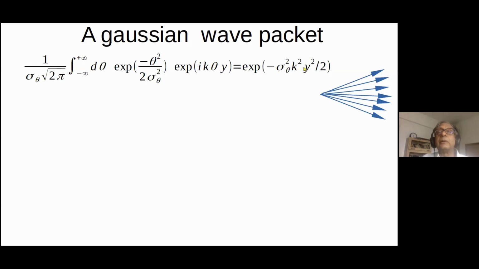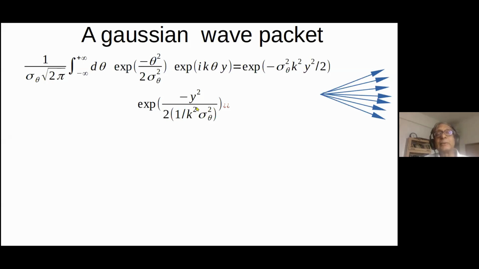So now we can ask, what is the spread in y? See, previously the spread in y was lambda divided by alpha, right? And because this is a Gaussian, if we bring this to the same form, exponential, we can identify what the spread is. So that's what I'm going to do. Just move this sigma theta squared k squared to the denominator. So it's y squared by 2 into something.